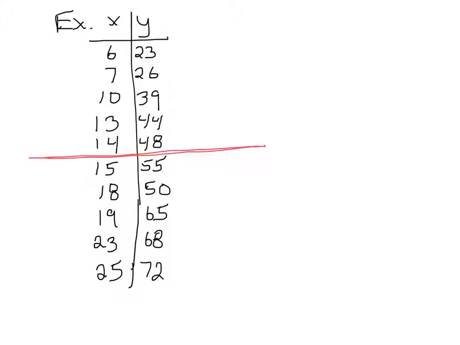So I'm just going to go over here. I'm going to write x1 because it's my mean for my first group. It's going to equal 6 plus 7 plus 10 plus 13 plus 14 divided by 5. And if I do that calculation, I'm going to get 10. Just check and make sure I did it right though.